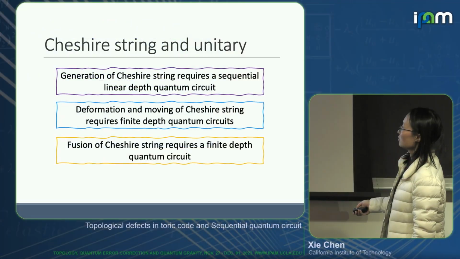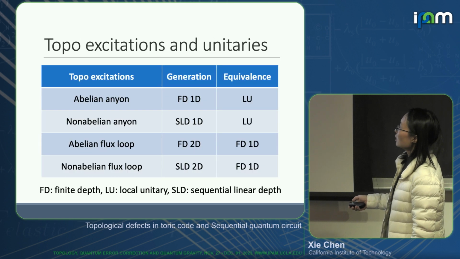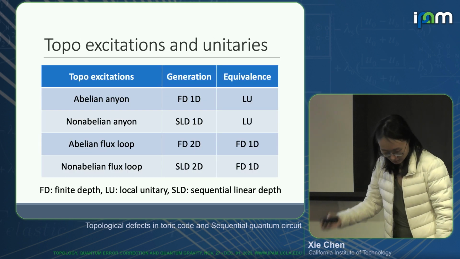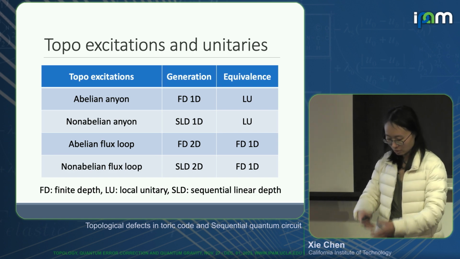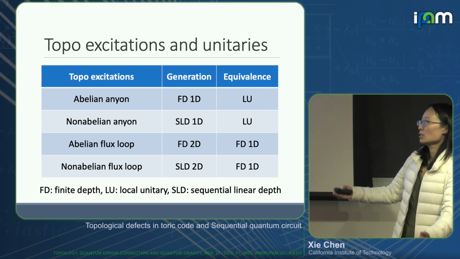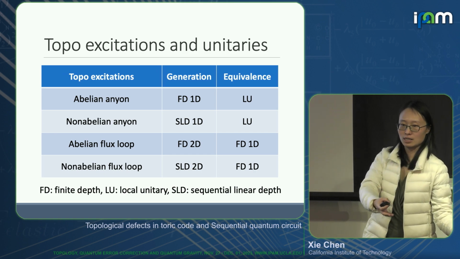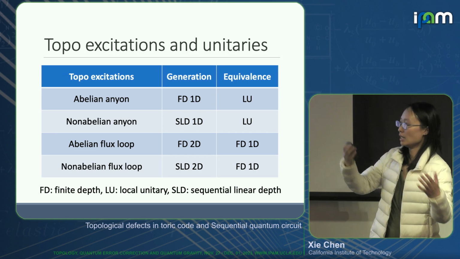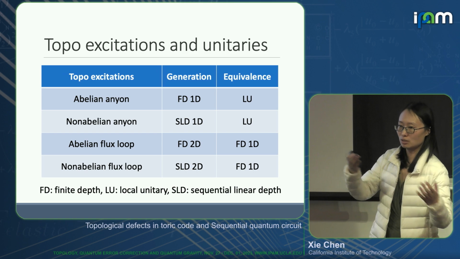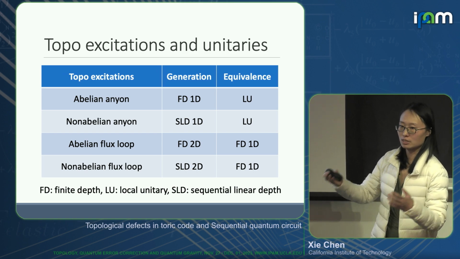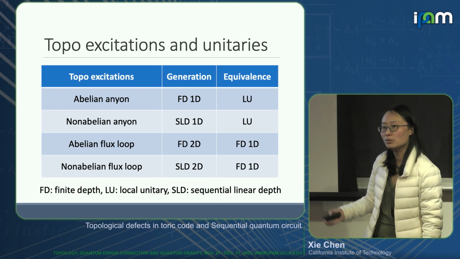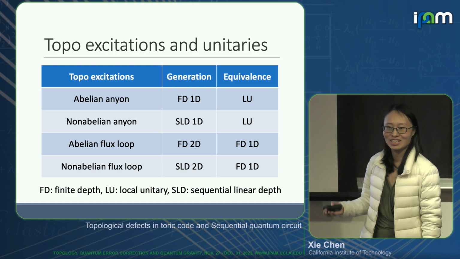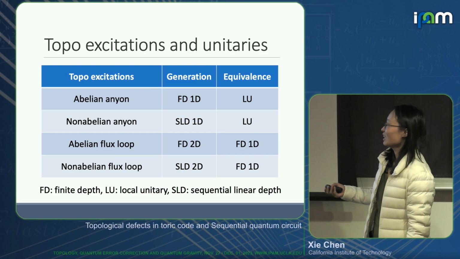Okay, so yeah. So this gives us a way to put the Cheshire string and all these defects in the same context as anyons and flux loops and all the original elementary excitations that we talk about for topological phases, because now we can use a unitary language to talk about them, right?